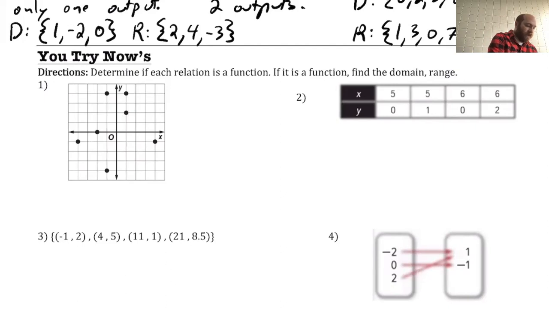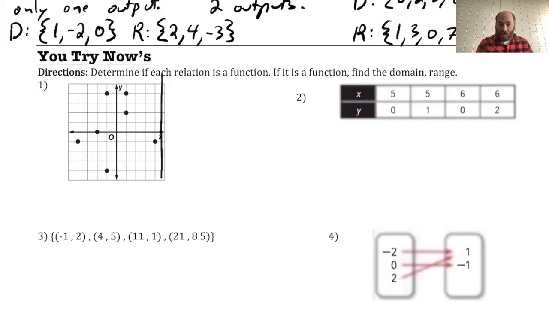Here's my vertical line, and as I drag across, boom, right there, I hit 2 points. Not a function. It does it again here, but the first time is all that matters. If I ever hit more than 1 point, it's not a function. So that's why I can say not a function.